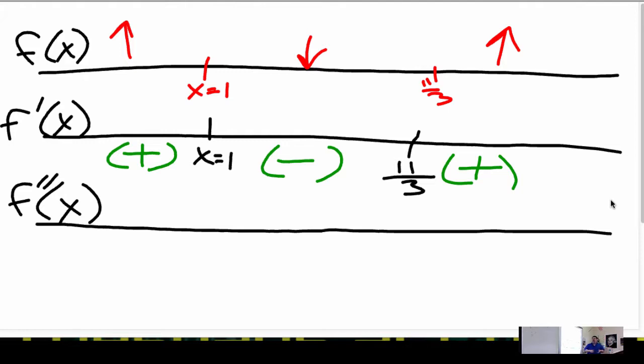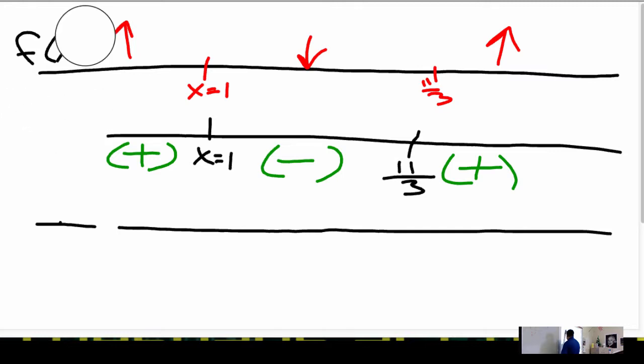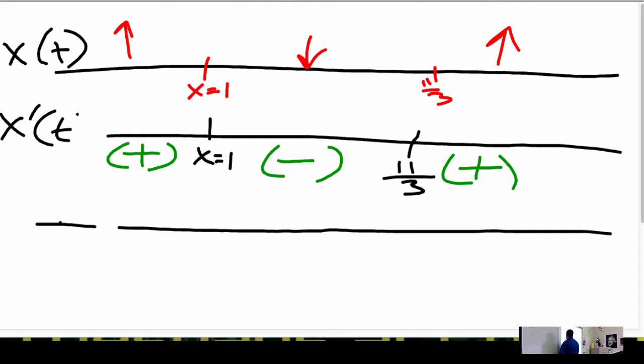She said, is f of x increasing because f prime is positive? Yes. And then it's decreasing because the first derivative is negative. Because it's bugging me a little bit, I'm going to change this so that it's written properly. It's actually x of t, x prime of t, and then x double prime of t.